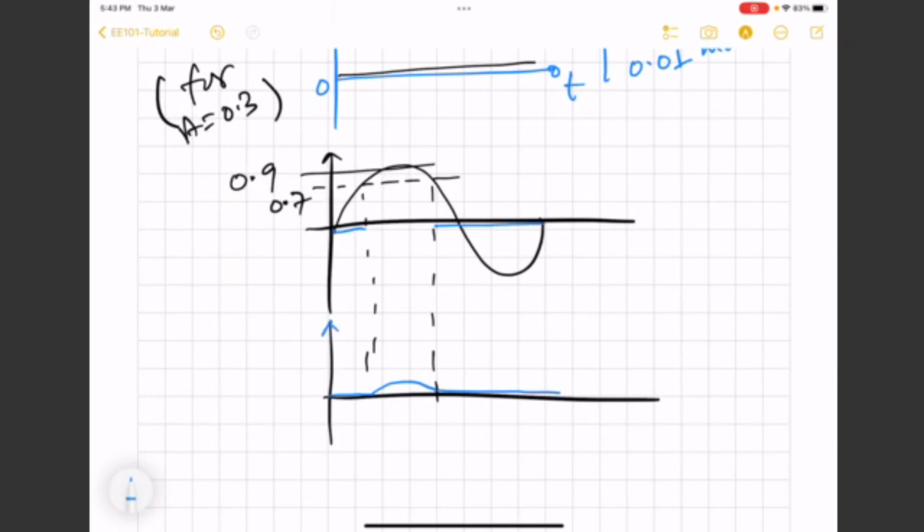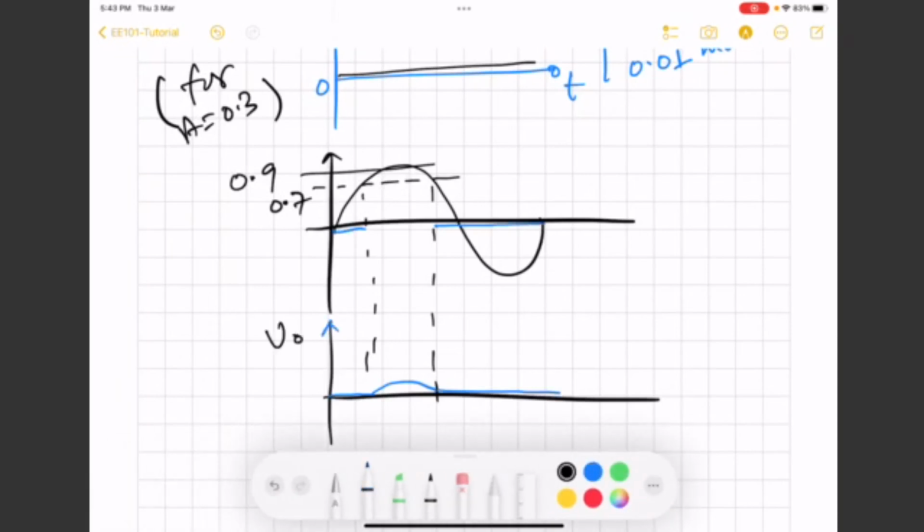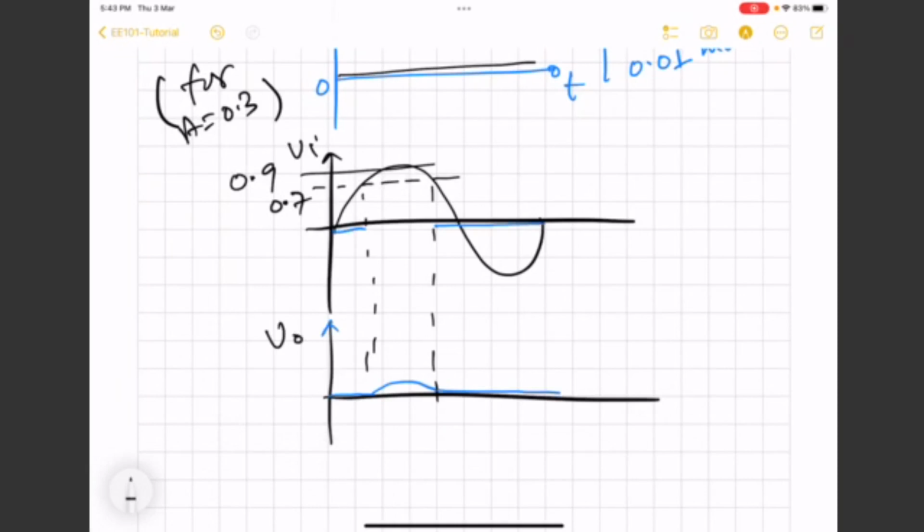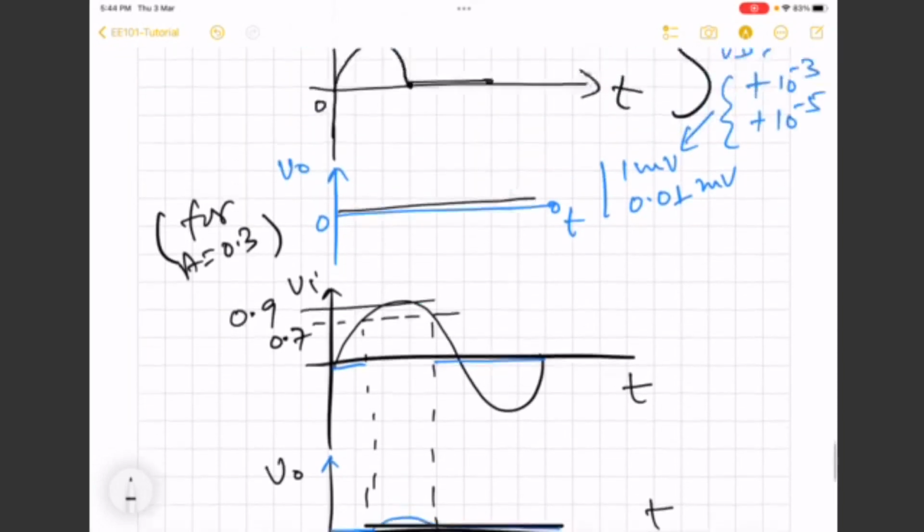So here you can see that the output is clearly not the half-wave rectified version of the input, right? So this is the issue with this simple rectifier.